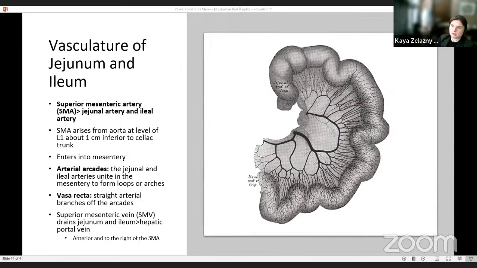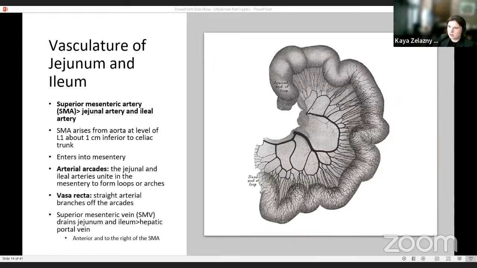So if you're tracking down on the aorta, you'll see it quite soon after the celiac artery. It then enters into the mesentery and splits out. So we can talk about some of the structures of branching that we see here in the mesentery itself.